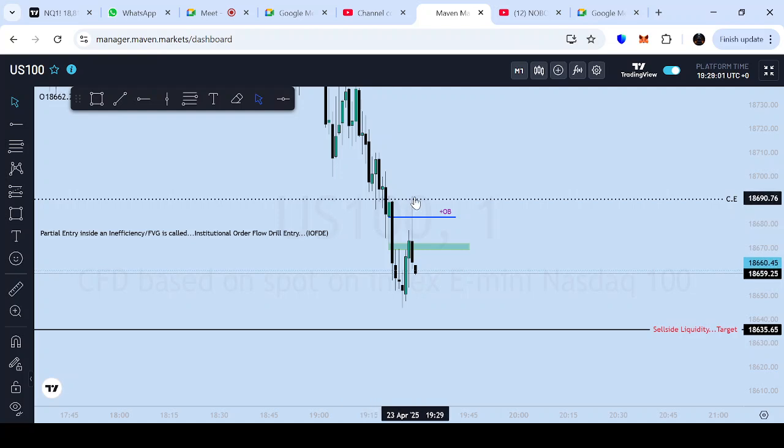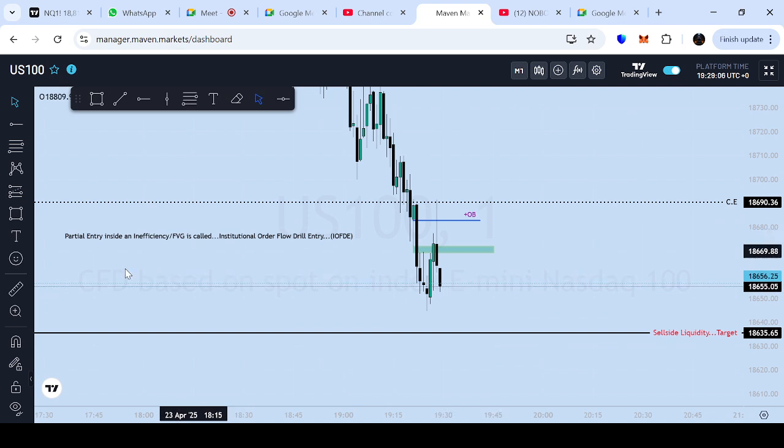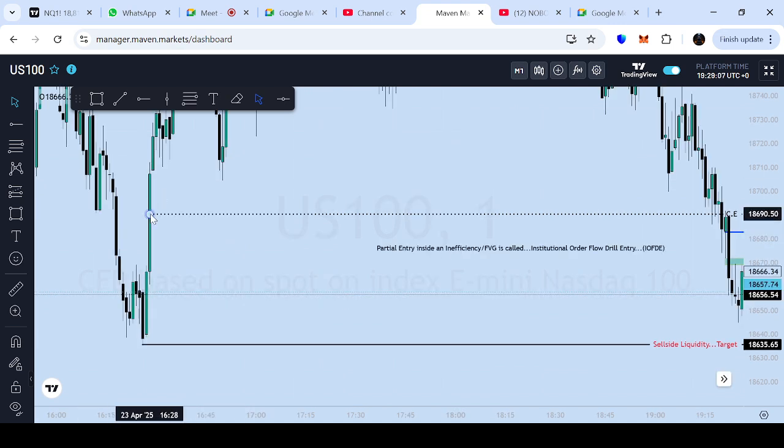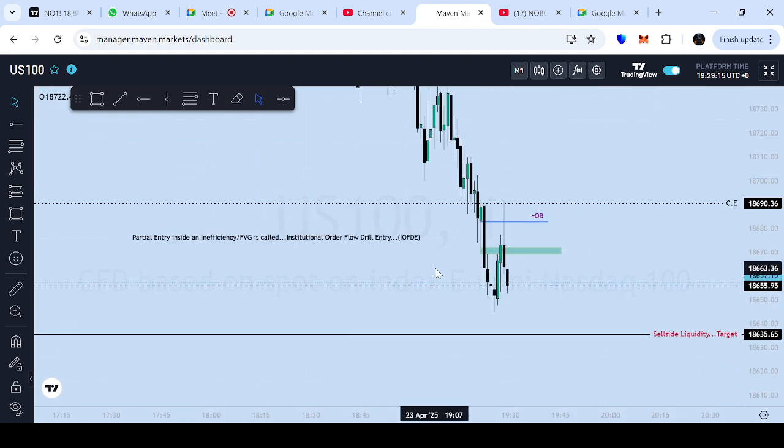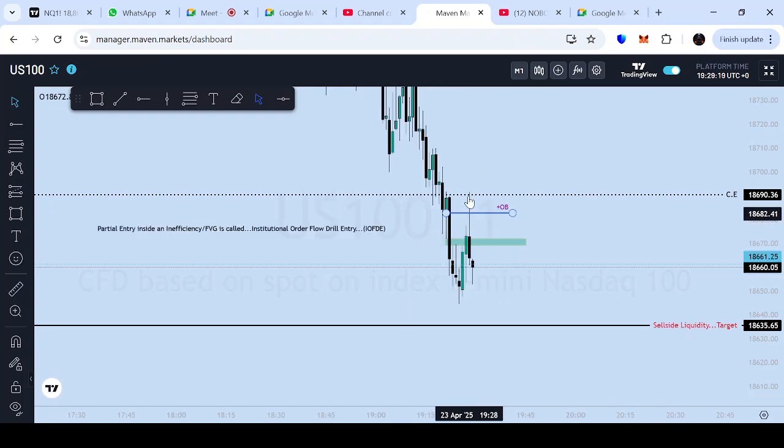The rejection block are the consequent encroachment of the inefficiency. That's the consequent encroachment, the 50% of this inefficiency, BC, buy side inefficiency, sell side imbalance. And we have a rejection block there. That's a rejection block. It's called a rejection block. Seeking for this sell side here.